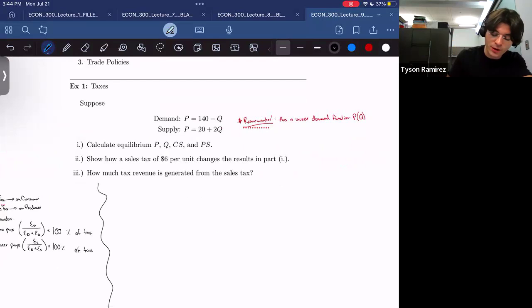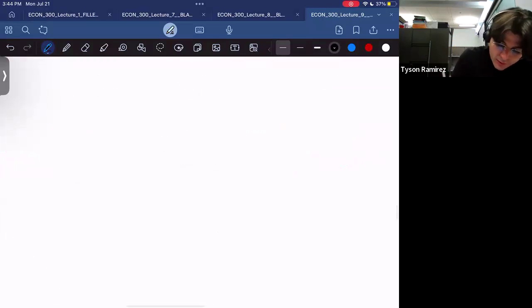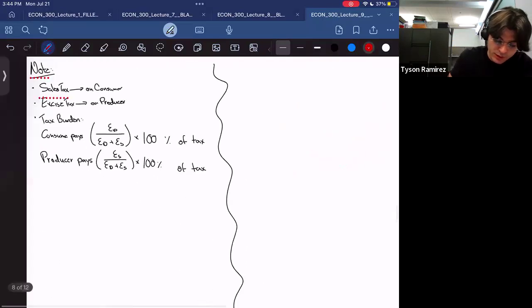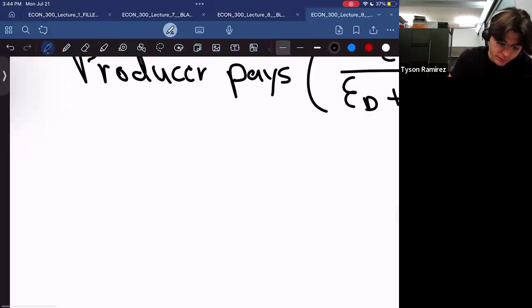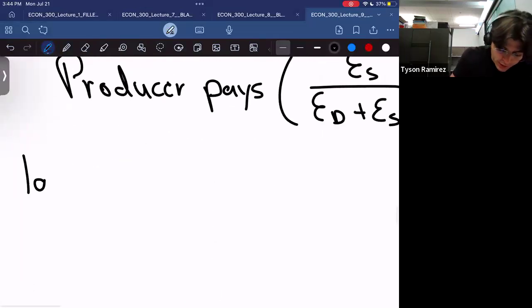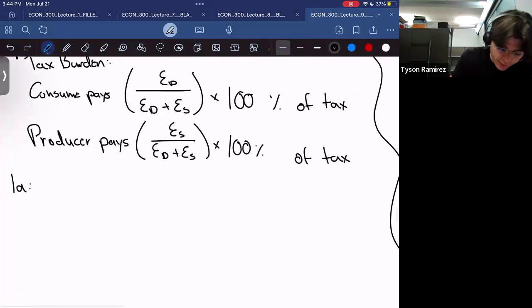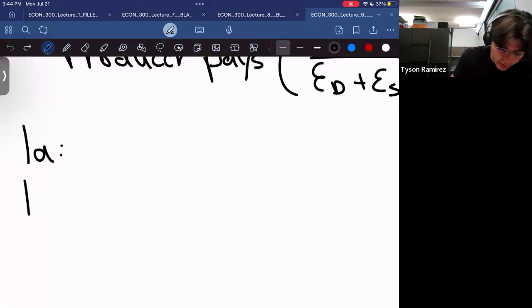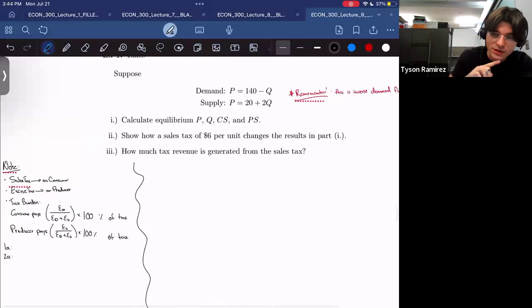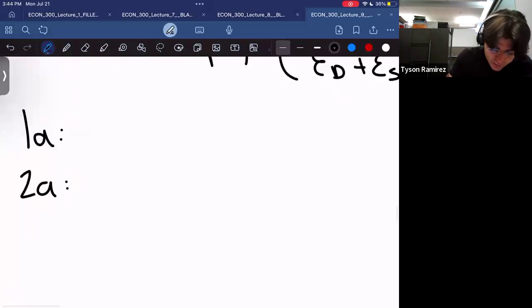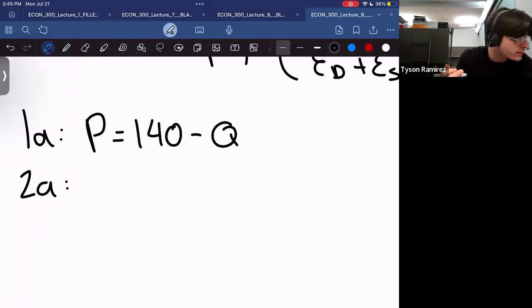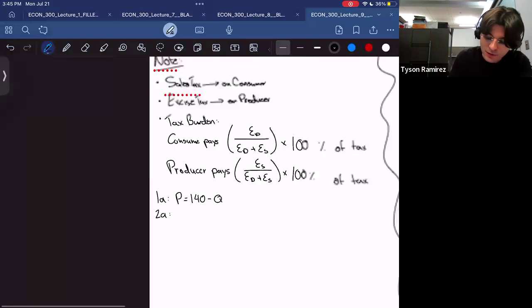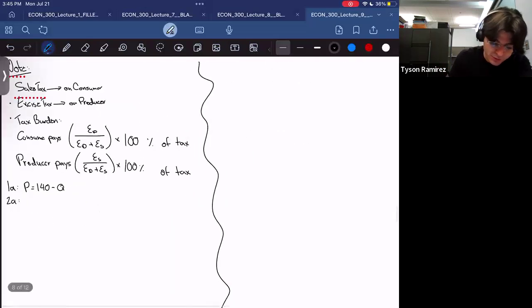What do I mean? Let's write over here. Call my equations 1A and 2A. The demand function is price equals 140 minus Q, and the supply function is price equals 20 plus 2Q.